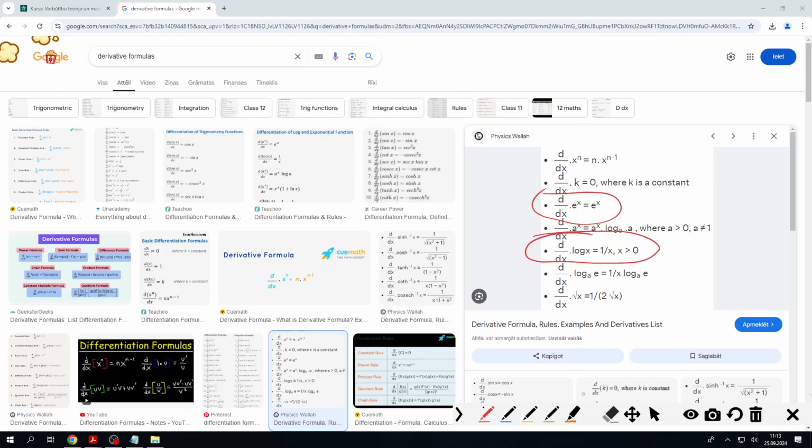Well, it turns out that these are actually very simple formulas, because calculating the derivative of a logarithm of a power gives this same power, and calculating the derivative of ln x gives 1 over x.